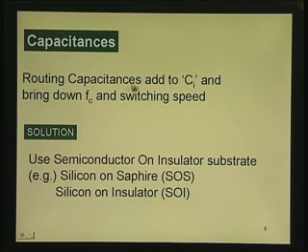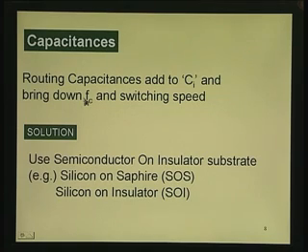Okay, you must reduce the capacitance to improve the cutoff frequency. What I have written here is that the routing capacitance will add to the input capacitances and will bring down the frequency and also hurt the switching speed. That is what I have written here.